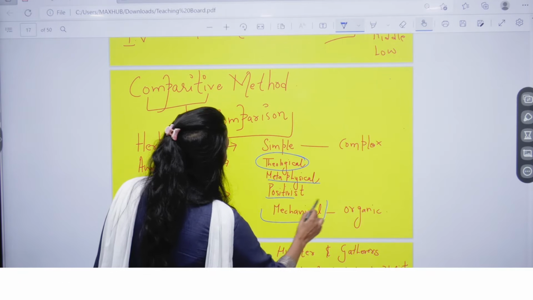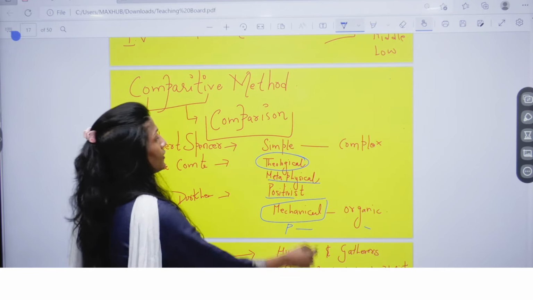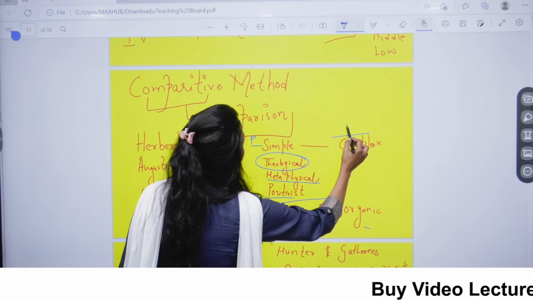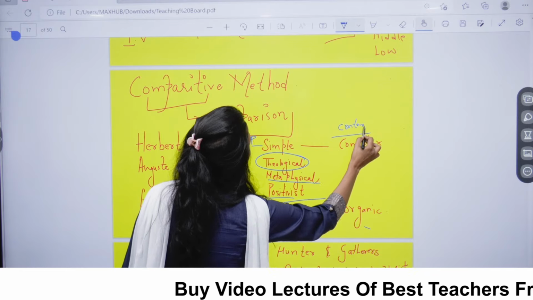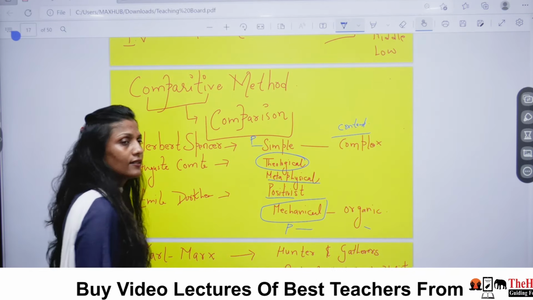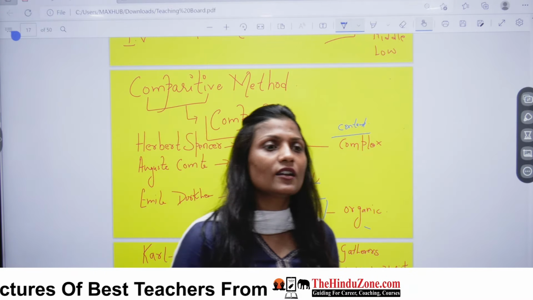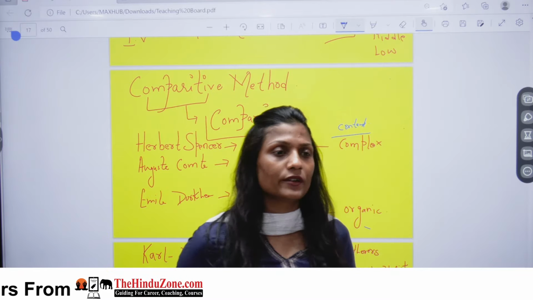Mechanical is the past society and organic is the contemporary society. So in historical methods, sociologists are using history in order to understand the present context.